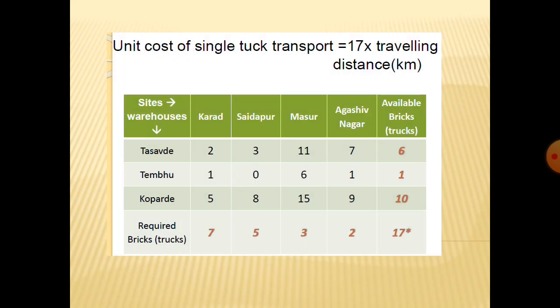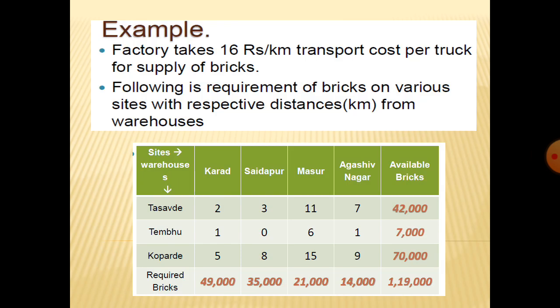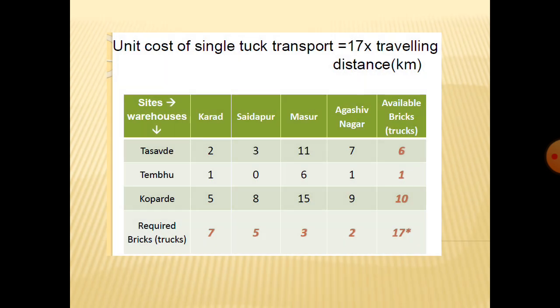Now, the unit cost of a single truck transport is equal to 17 into the traveling distance. You convert this into a single digit and write down the 17 into traveling distance per kilometer.